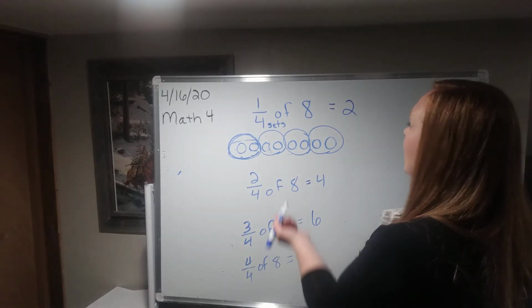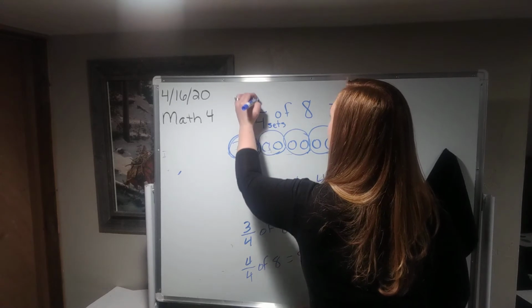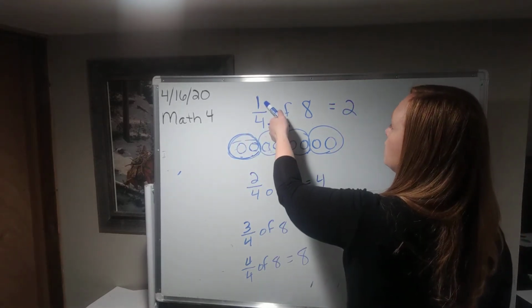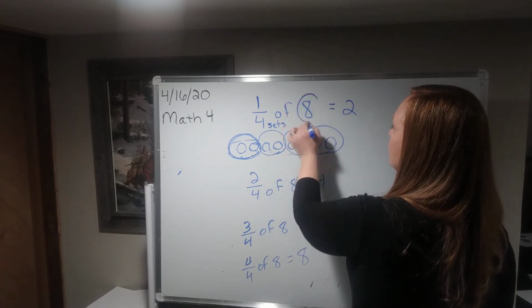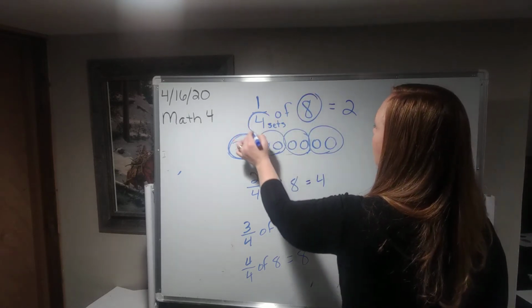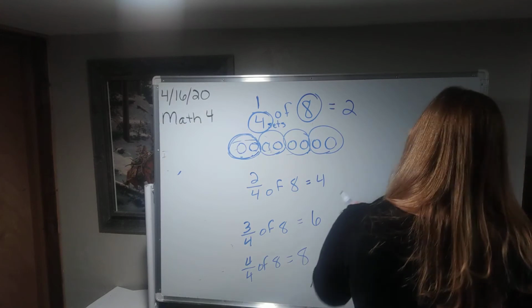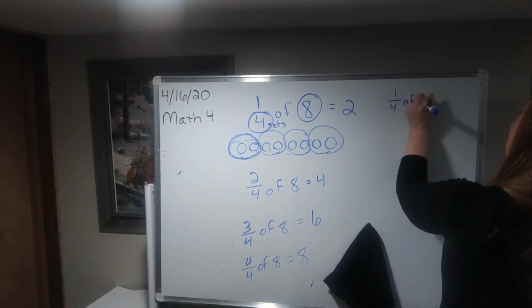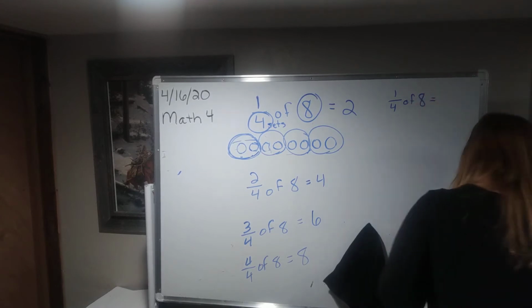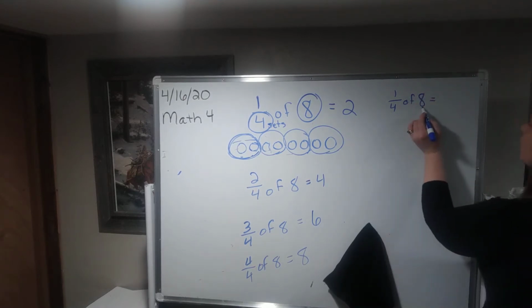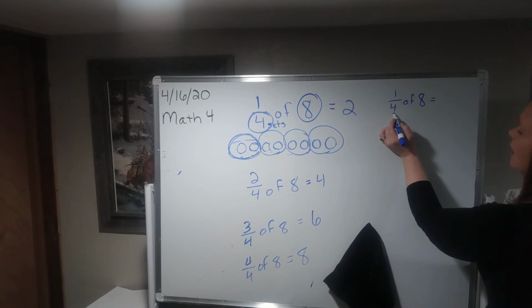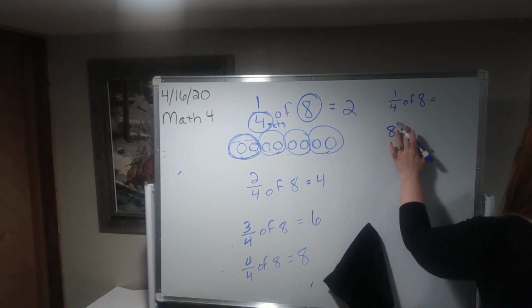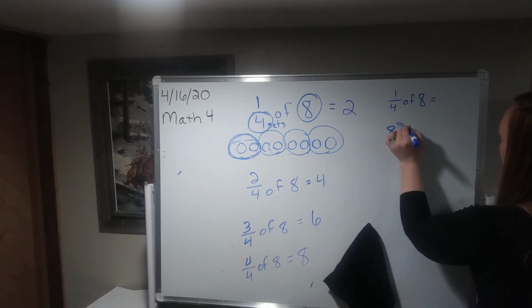If I am looking for 1/4, and I have a 1 on the top, I can take the whole number and divide by the denominator. So when I see this problem, 1/4 of 8, I take my whole number, 8, divided by 4.